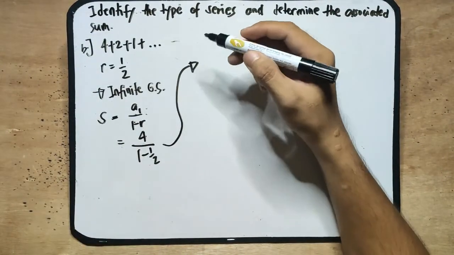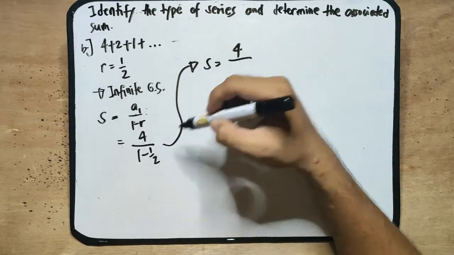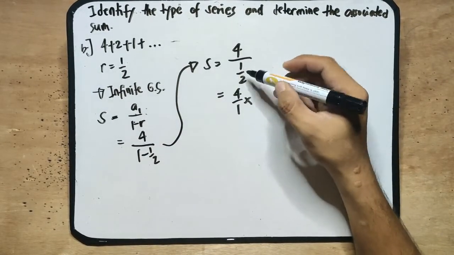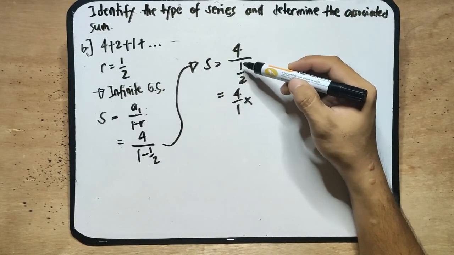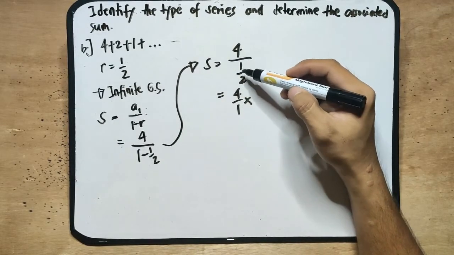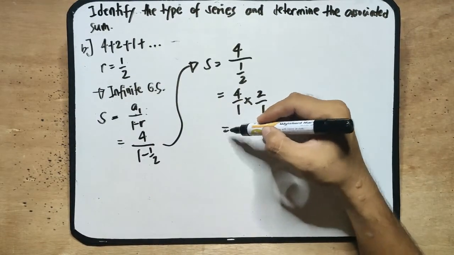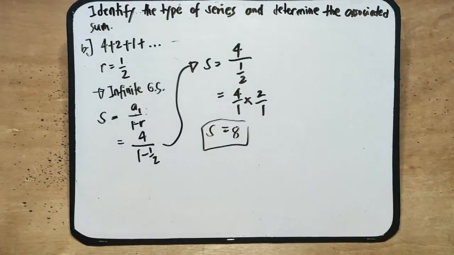Just solving for S, we have 4 all over 1 minus 1 half, which is 1 half. So 4 all over 1 half. The operation becomes multiplication, then for the divisor, we get the reciprocal of it. So 1 half, the reciprocal is 2. Therefore, the value of S here is 8.